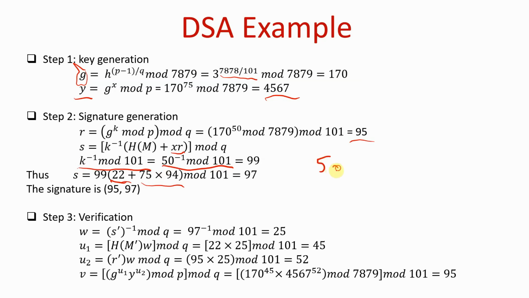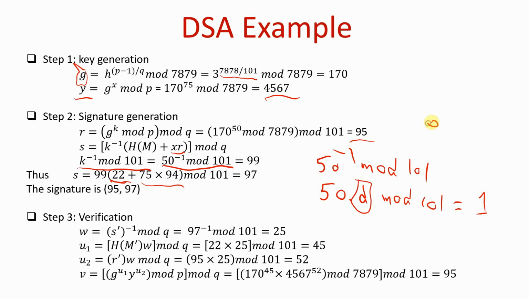Basically, to calculate 50 to the power of minus 1 mod 101, all you need to do is find the value D such that when you do 50 multiplied by D mod 101, the result is 1. We have seen this in RSA. Basically, the multiplicative inverse of 50 mod 101 is the value where if you multiply it by 50 mod 101, the result would be 1.